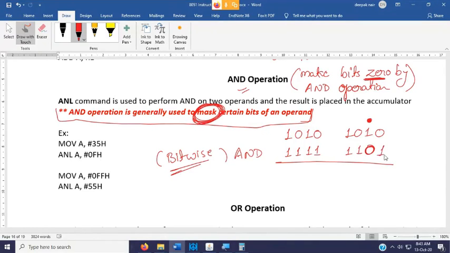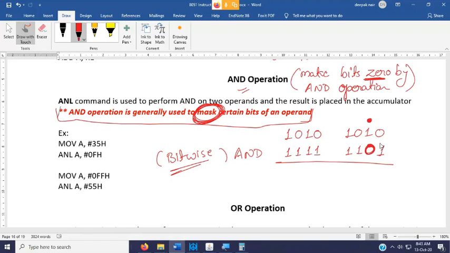So what will happen? Wherever the zeros are in that previous number will remain there. It will not be affected. Wherever the ones are there, they will also remain. Only that particular bit which I intentionally want to make 0 will become 0.